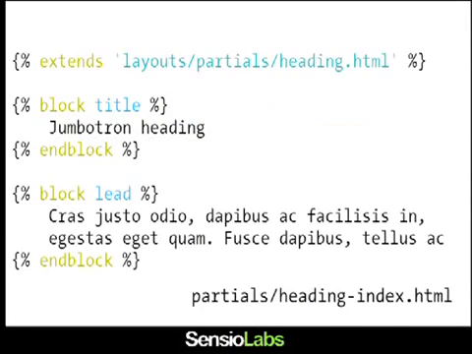So for the index.html page, I can create a new partial, heading-index.html. So this is the heading for the index page. This is a partial. We extend the heading, and as you remember, probably, we had a block named title, another one lead. So we provide the content for the title and the lead.